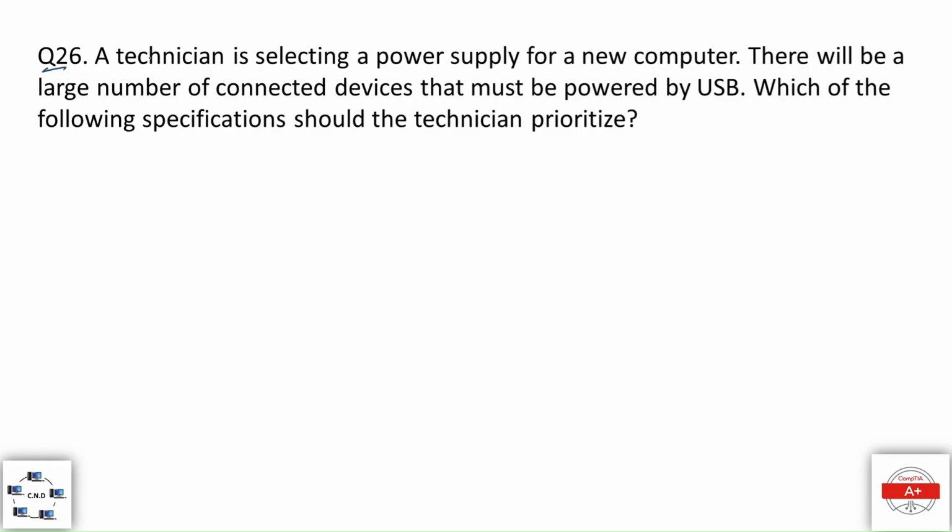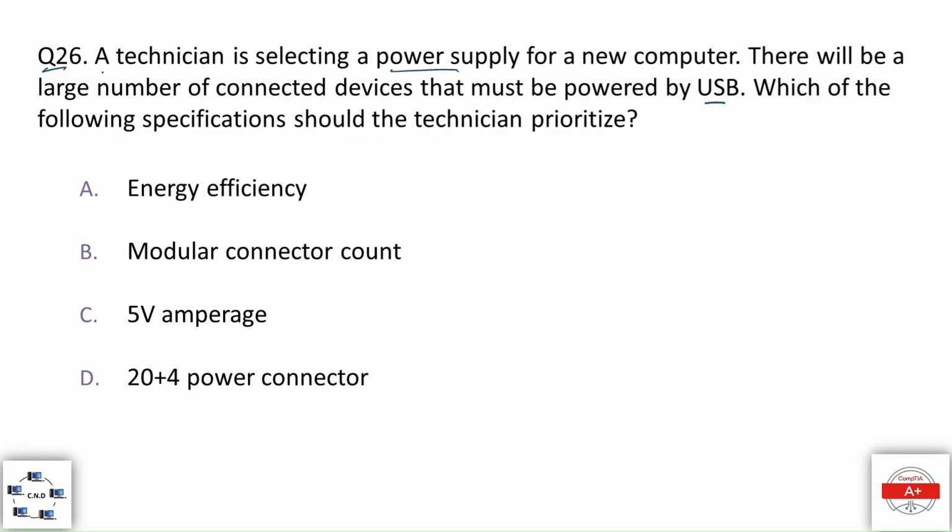Question number 26. A technician is selecting a power supply for a new computer. There will be a large number of connected devices that must be powered by the USB. Which of the following specifications should the technician prioritize? And the options are option A, energy efficiency.